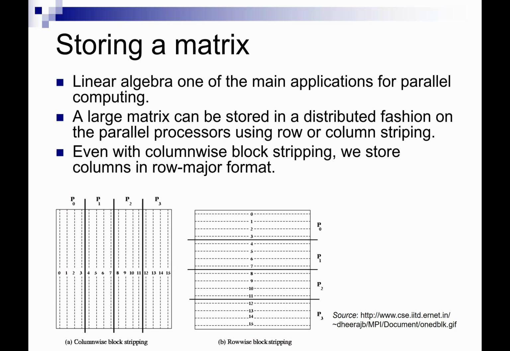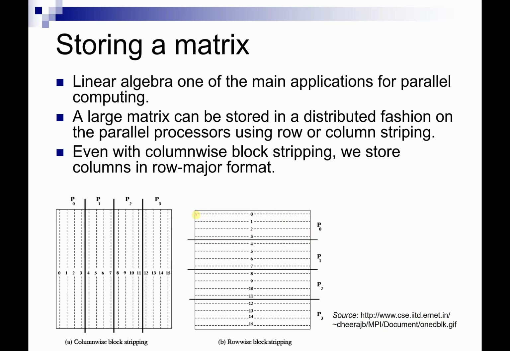Now I want to mention that each process is going to get a subset of either the rows or columns, but we still have to organize the data from the subset in some manner, right? For example, in the row striping, this process P0 has the first 4 rows, but how are these rows represented in P0's memory?